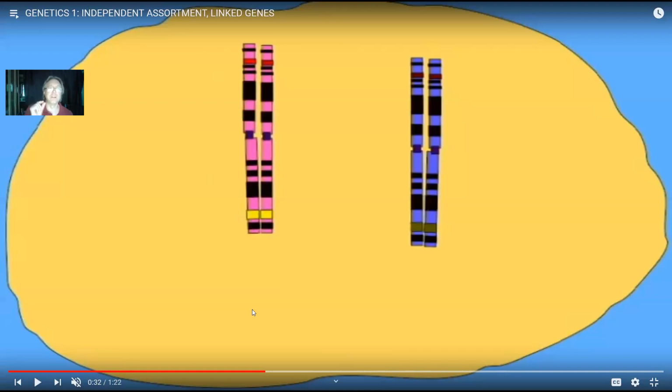But if they're not assorting independently, you can say, I just found my gene, and that might put you on the road to sequencing the gene, figuring out what kind of protein the gene does, screening people for a disease, which might save lives, developing medications which address that type of protein. So, this could be a huge, huge step.